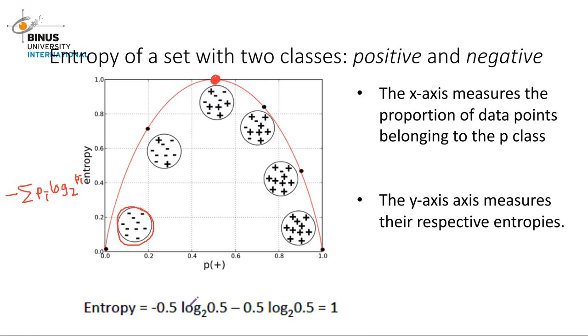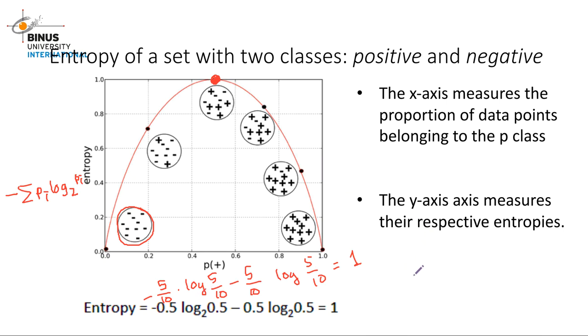If we use this formula to calculate the entropy, it is 5 out of 10 multiplied by log of 5 out of 10, minus the same, 5 out of 10 log 5 of 10, which equals 1.